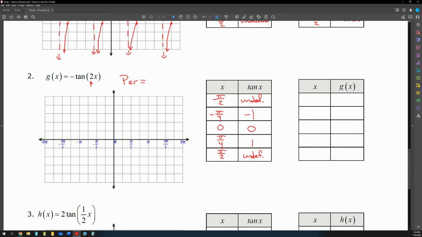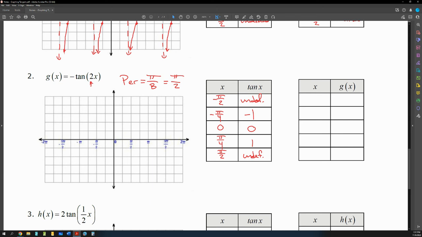Now we just learned that the period of the tangent, however, is pi radians. So to find the period for tangent, instead of doing 2 pi over b, we're going to do pi over b, because pi is the period for the parent function. Okay, so if our b value is 2, then our period must be pi over 2, or pi halves.